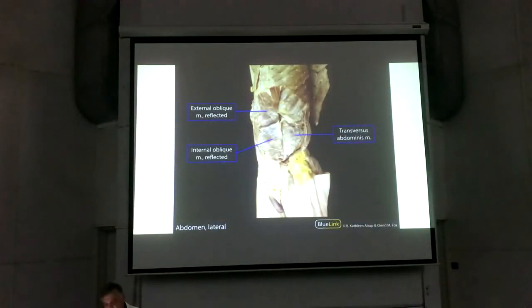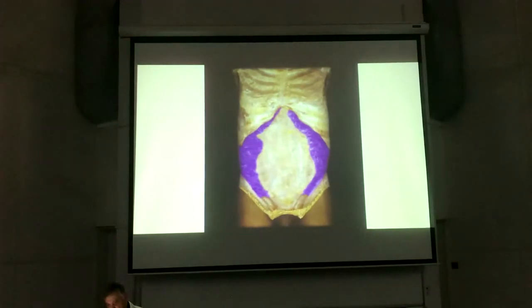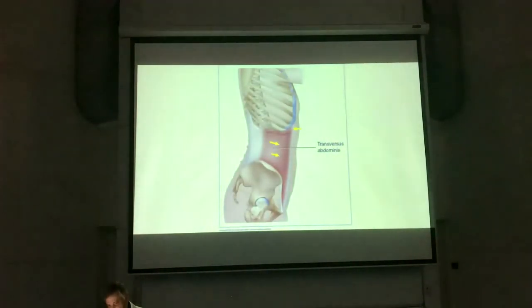Which muscle is this? You can see that fibers are transverse. Costal cartilages, not from ribs, from costal cartilages. Lumbosacral fascia. Iliac crest.